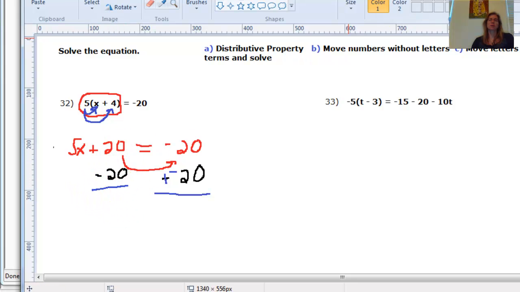So this becomes 0, plus 20 minus 20, that becomes 0. Adding the opposite, so you add these numbers and it becomes a negative 40, because you have two negatives added. When you add two negatives, you simply add the numbers and it's still negative. So let's take the parts of our equation here.